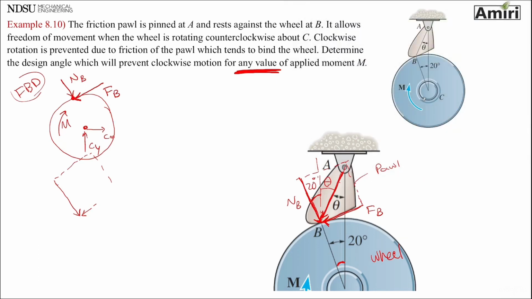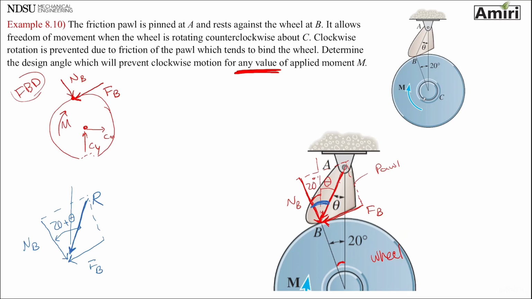Well, that's not the best way to draw it. Let me draw it a little bit lower. I have FB, NB, and this is the resultant force of those two. And this entire angle is 20 plus theta. This angle right here, 20 plus theta.